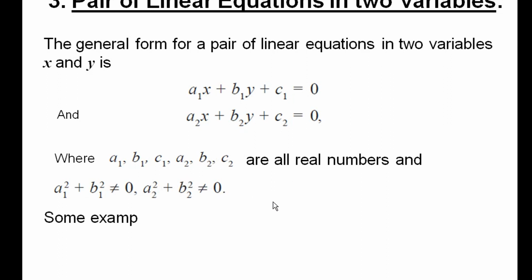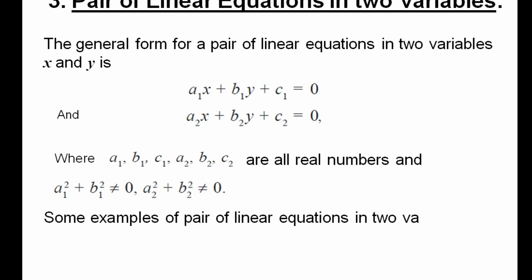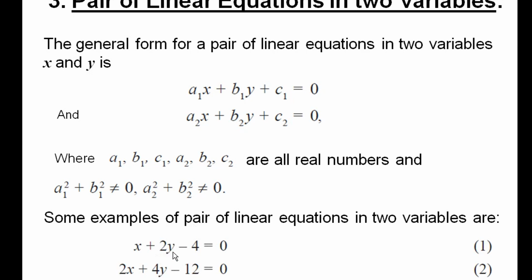Some examples of a pair of linear equations in two variables are as follows. One example is given here. Suppose the equations are x + 2y - 4 = 0, equation number 1, and 2x + 4y - 12 = 0, equation number 2.